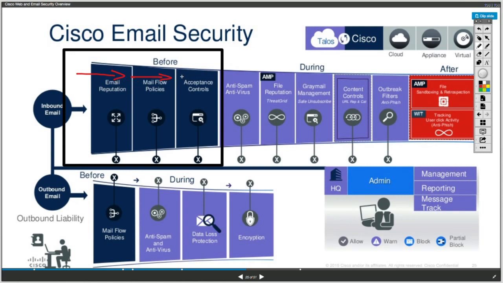If mail is still allowed, then we go to acceptance controls, which means how do we control the email traffic back and forth?